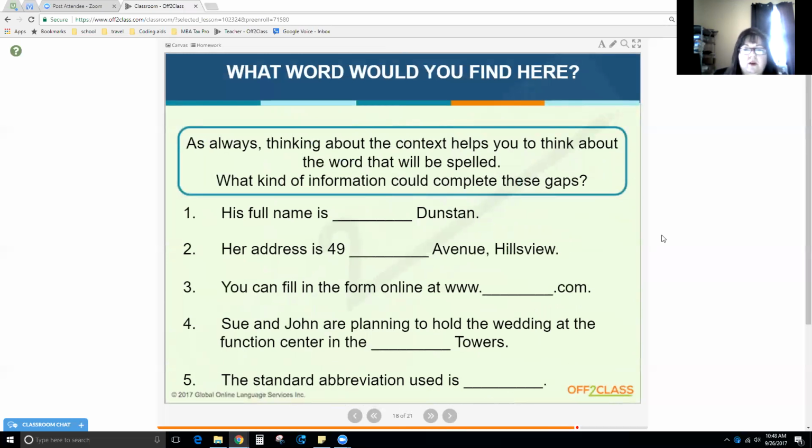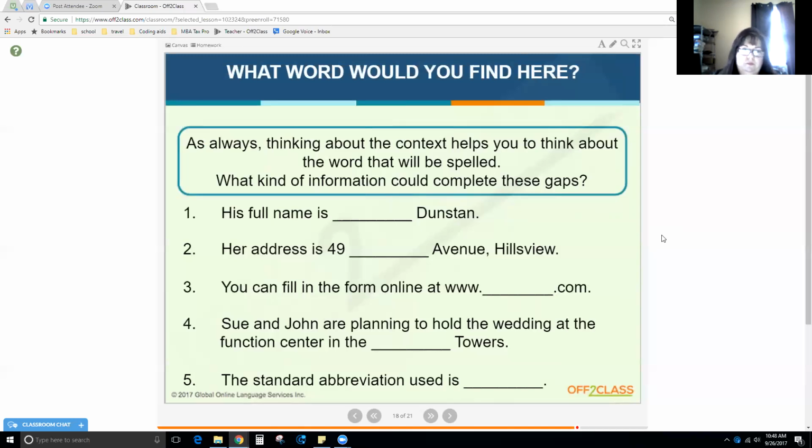Okay, so what kind of information could complete these gaps? I guess you could make up any name, right? But let's do some examples just so that you're getting that formal name type noun there. Just go ahead and read through each one and make up an example.